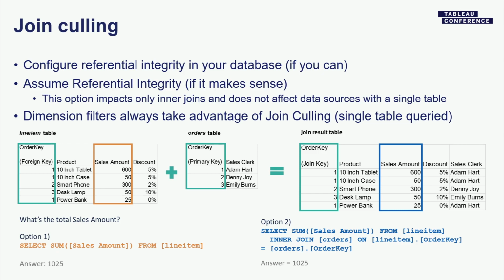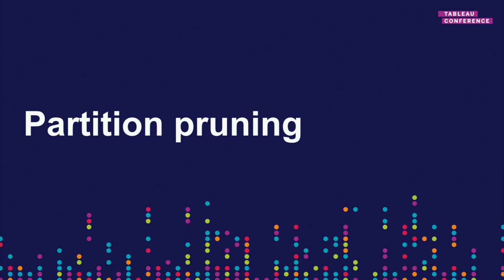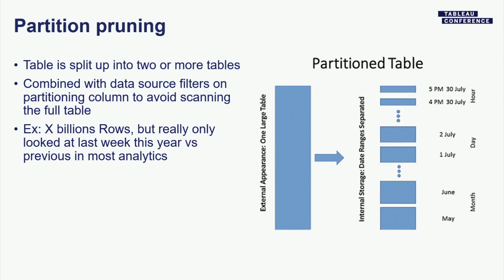So if I know every primary key and foreign key, so the join key, is present in both tables, I don't actually need to perform the join. So I can tell Tableau that. We're going to see it in the demo right after. Then partition pruning. What is partition pruning? When you create a table, you can partition your tables.